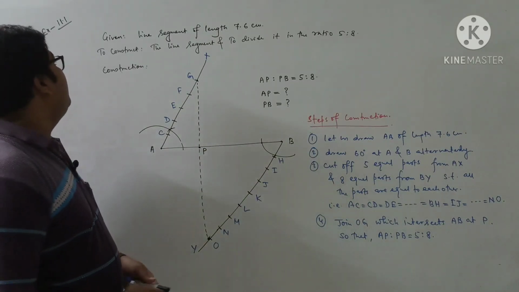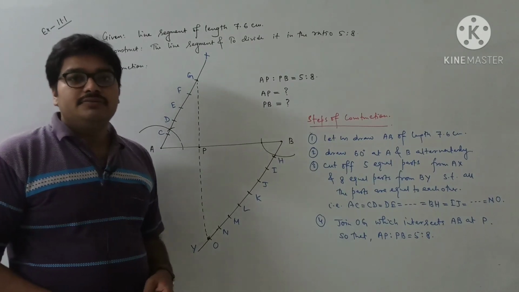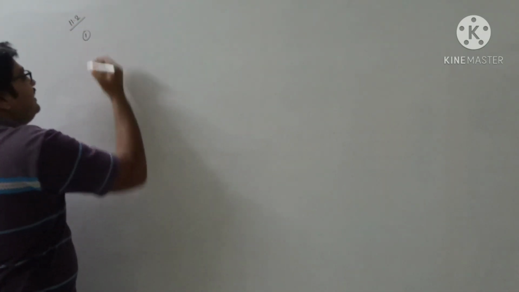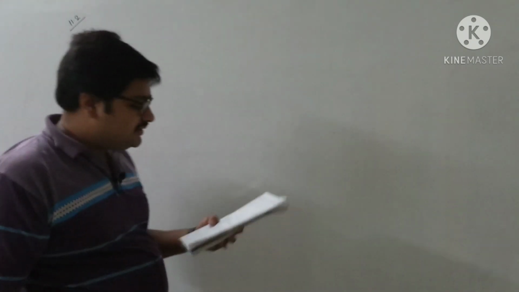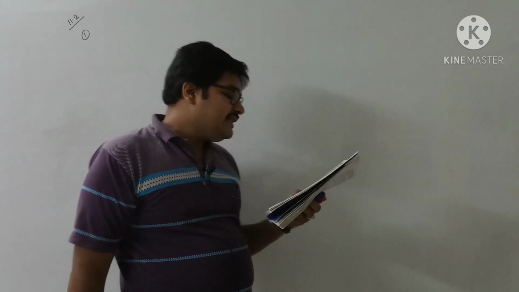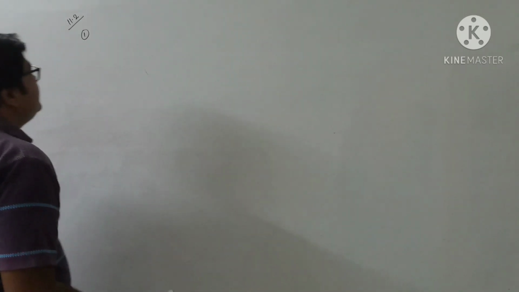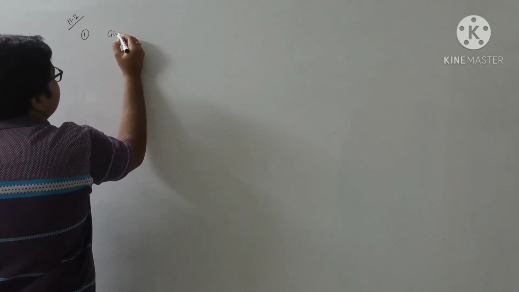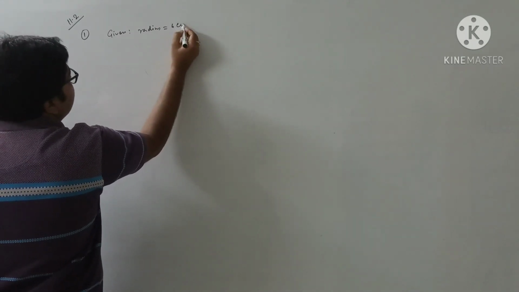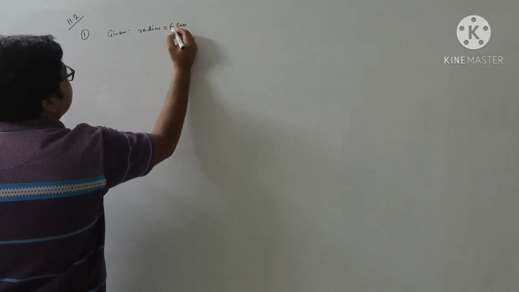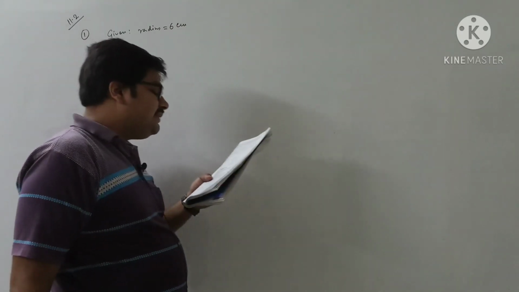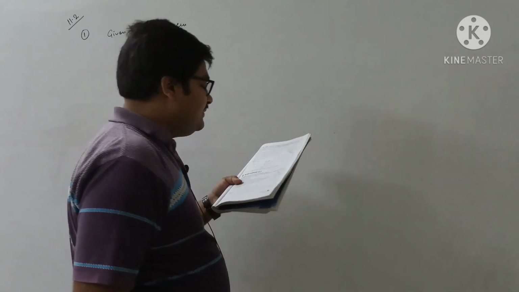Okay, now we move to our exercise number 11.2, and the complete exercise 11.2 is in our syllabus. What is the question? Draw a circle of radius 6 cm. Okay, so given radius equal to 6 cm, from a point 10 cm away from the center.